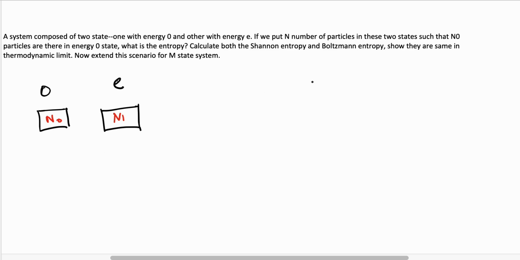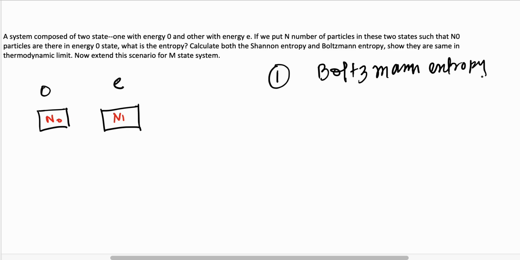Before solving this question, I want to say something. In the first tutorial, I said that to my base knowledge, three well-defined entropies are there. One of them is Boltzmann entropy, which we did in statistical mechanics for relating the entropy coming from thermodynamics and the entropy coming from statistical mechanics.